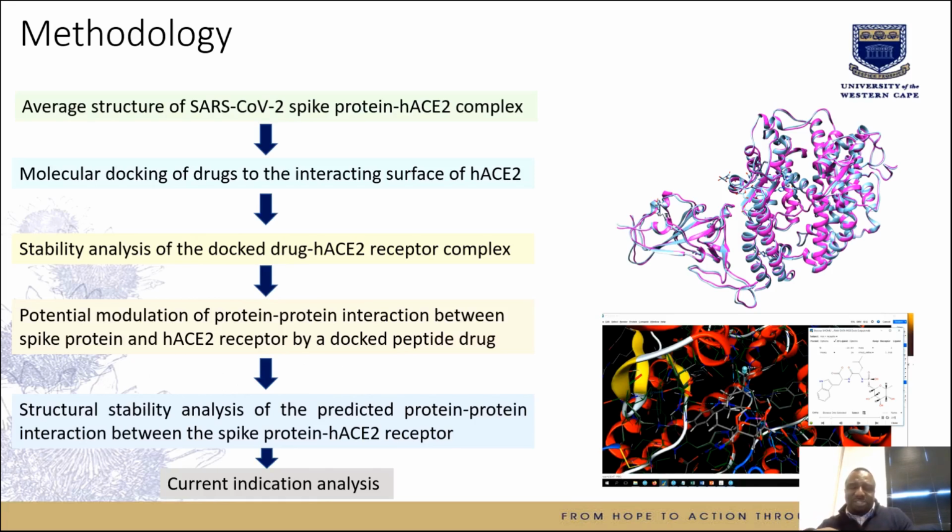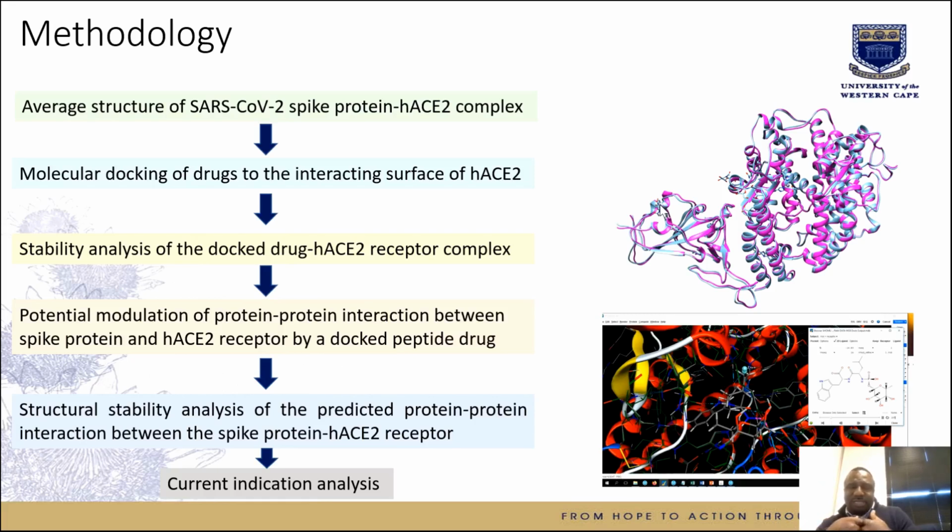Then we moved on to see, having docked the drug on the HACE2, does it limit the level of interaction with the spike protein? So we had to find a way to quantify that and to show that the presence of the drug that was docked on the HACE2 limited that interaction.